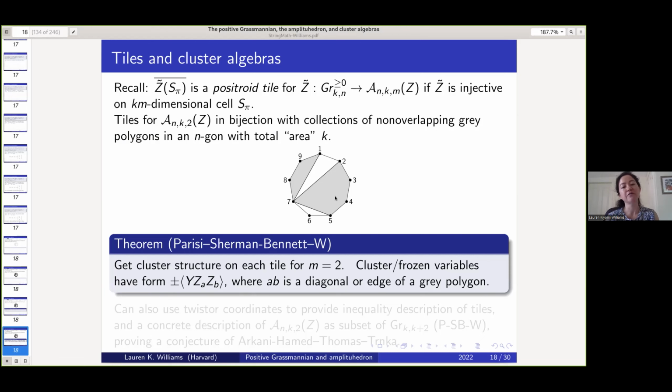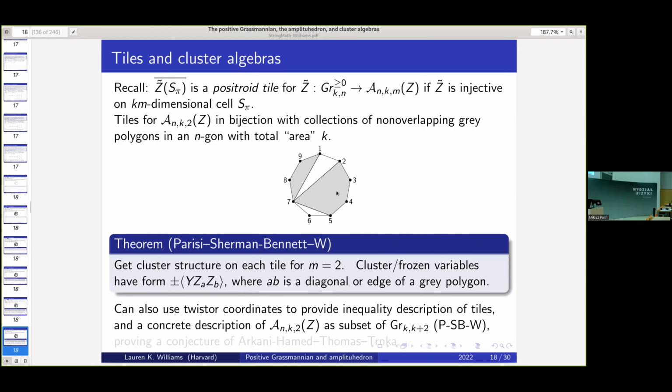If you've seen the cluster structure on the Grassmannian before, then this will probably be reminiscent of things you've seen for Gr(2,n). I'll just mention that twistor coordinates can also be used to provide a concrete inequality description of all these tiles, and a description of the amplituhedron directly as a subset of the Grassmannian of k-planes in k+2 space.